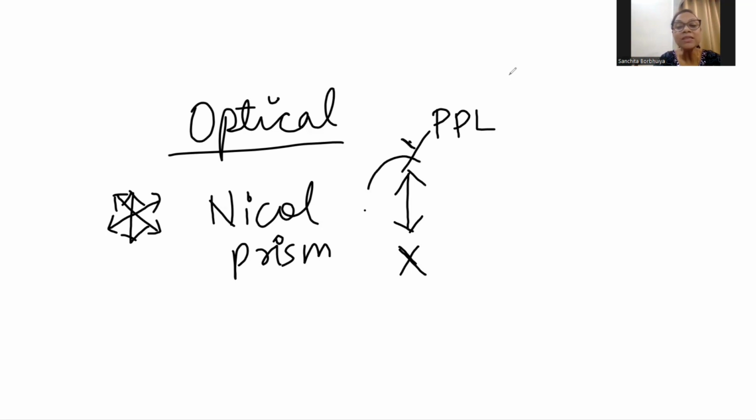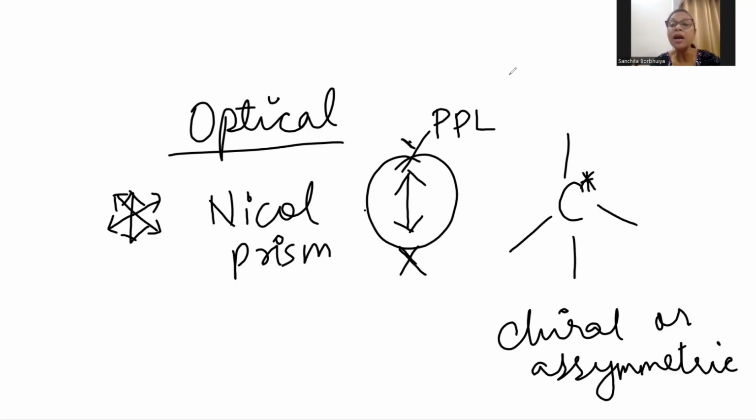If we pass this light through a compound which is chiral or asymmetric, that means this carbon is attached to 4 different groups, then there is a possibility that the PPL passes through this compound, and this compound is optically active if it can rotate the plane of polarized light after light passes through it.